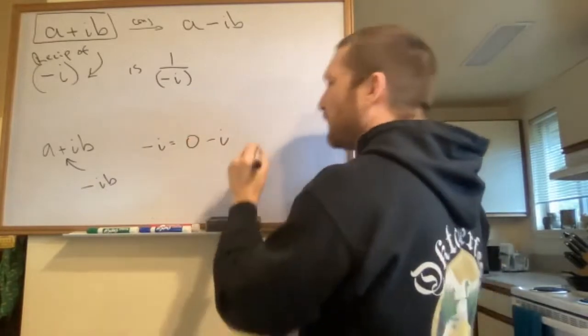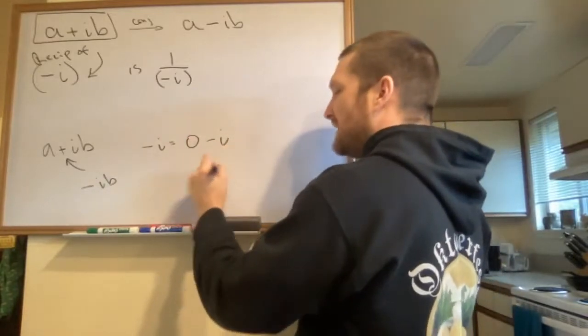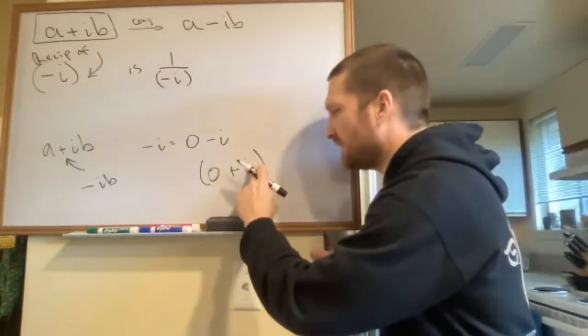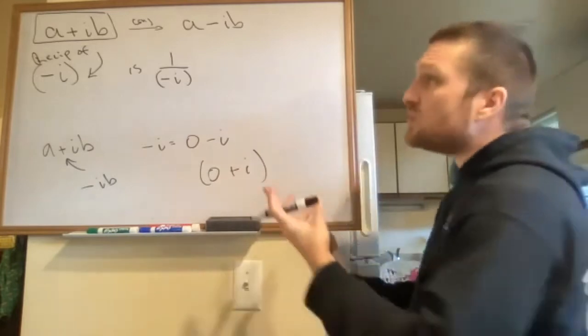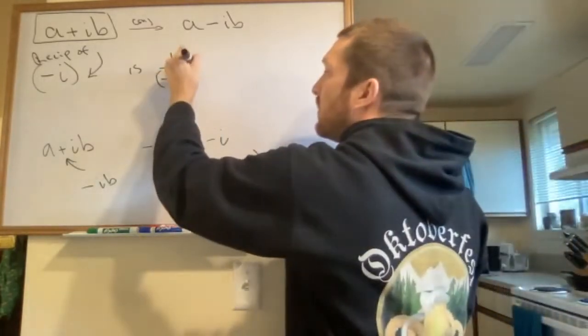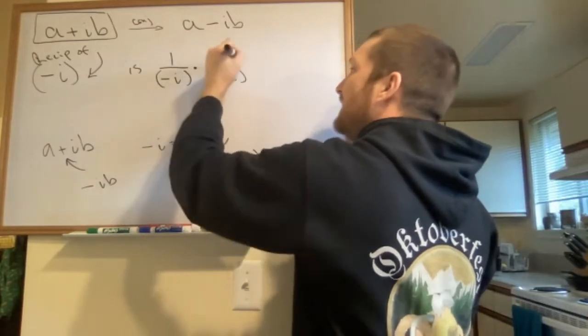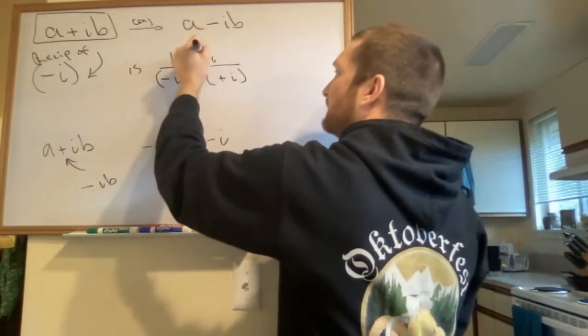So its reciprocal would be 0 plus i. And so we could just move along with the reciprocal here and say, well, then 0 plus i is the reciprocal of that guy.